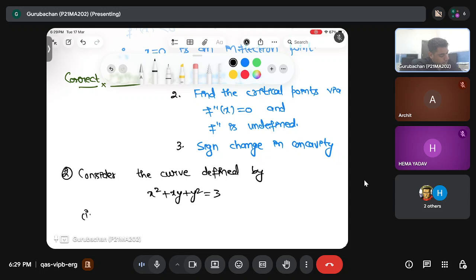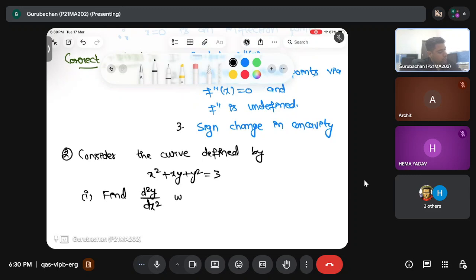So first part is, find d2y over dx square. Next is, determine where the curve is concave up or down.